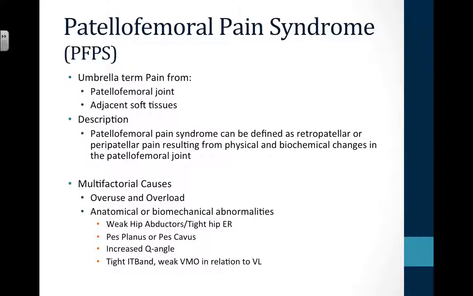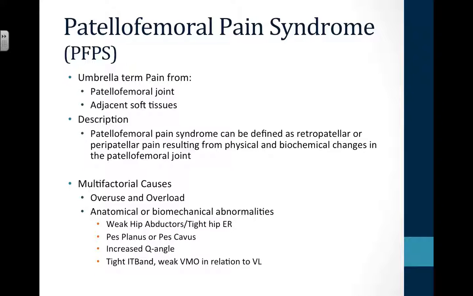It can be retropatellar or it can be peripatellar. And it really is a result of a biomechanical malfunction. A lot of times, if you're not physically active, you're not going to get into a patellofemoral pain syndrome. It might be an overuse or an overload type of injury, but we also know that there are some anatomical and biomechanical abnormalities that can start to occur.